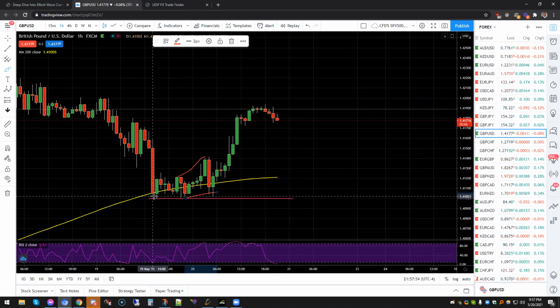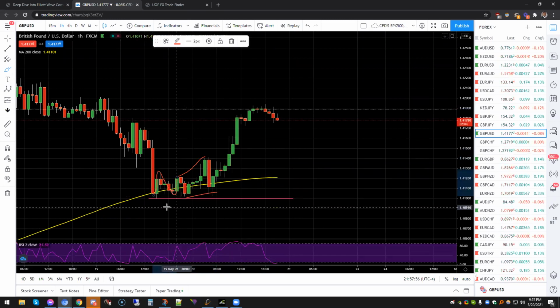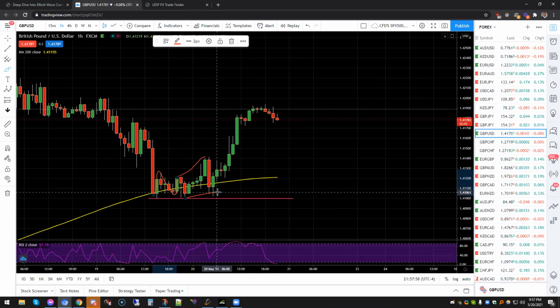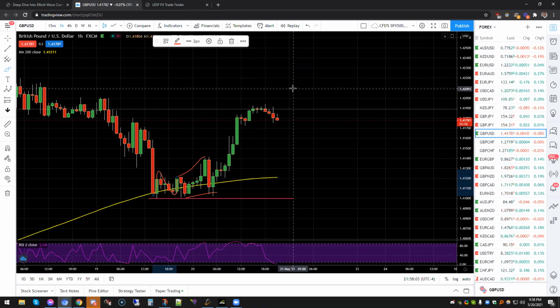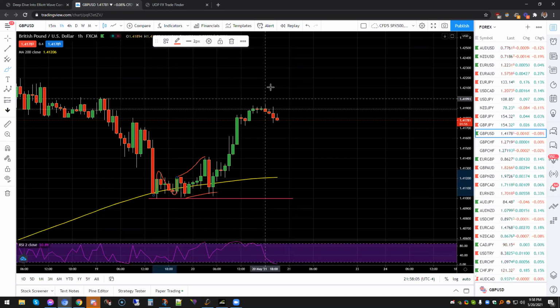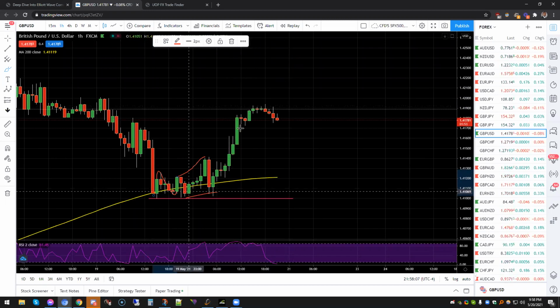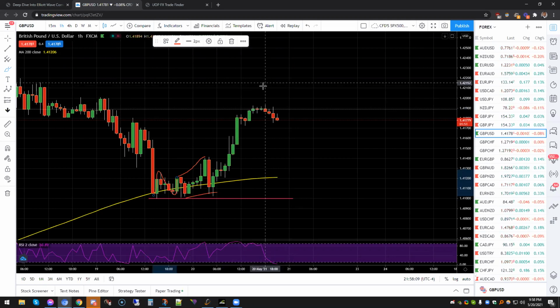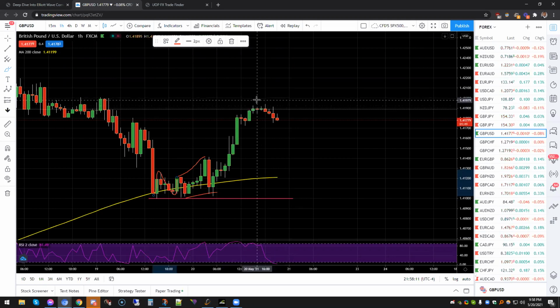And this would still be 3 waves, 1, 2, 3, like that, right? So this is 3, this is a flat, and this is potentially going to be maybe a 5-wave move or a bigger 3-wave move, okay? So the entire move, no matter how I look at it, is still corrective, which means this price is expected to come to the downside soon.